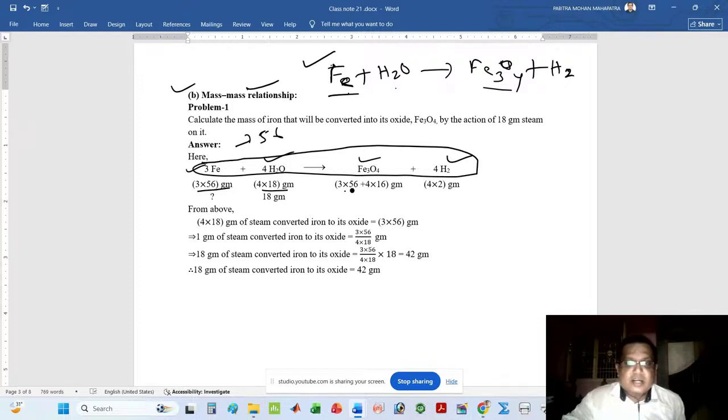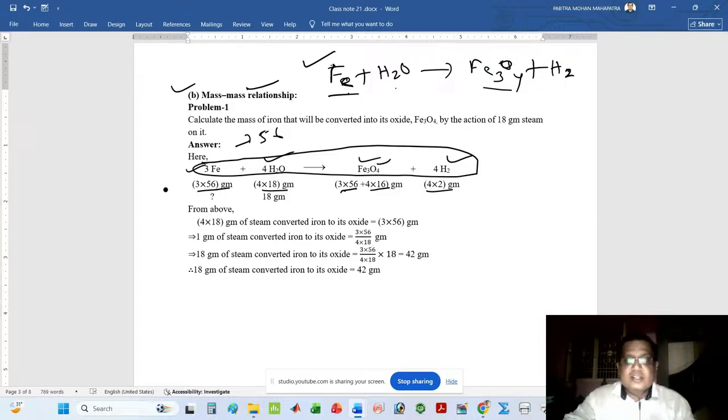So for Fe3O4 I can write 3 into 56 plus 4 into 16, as the atomic mass of oxygen is 16. Hydrogen has atomic mass 1, molecular mass 2, so I can write 4 into 2 gram. This is the main relation.